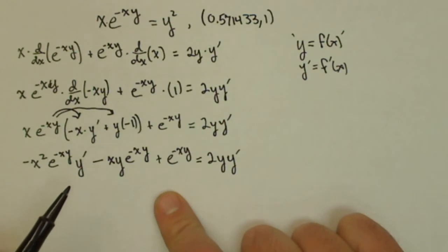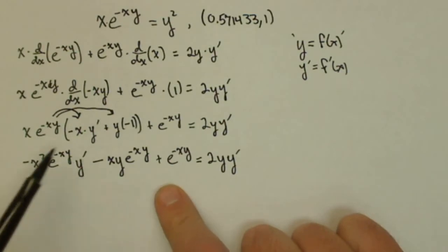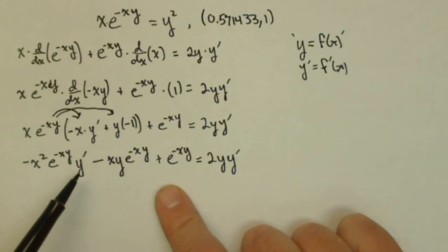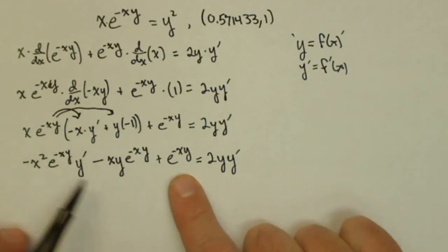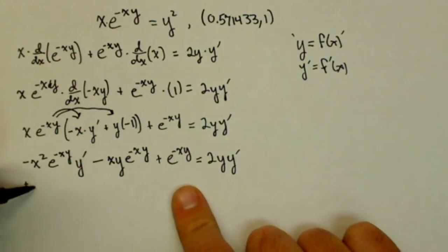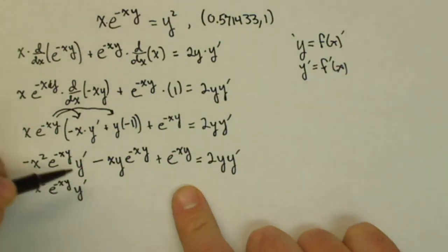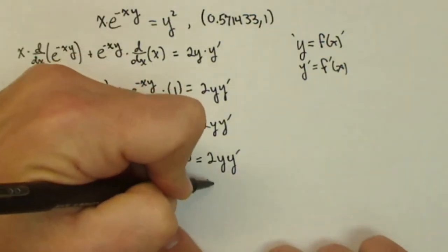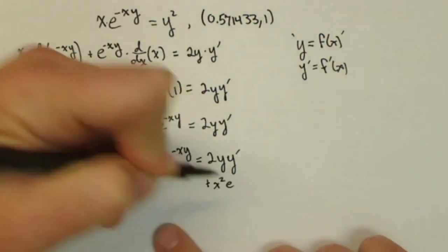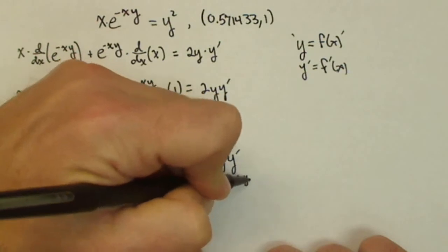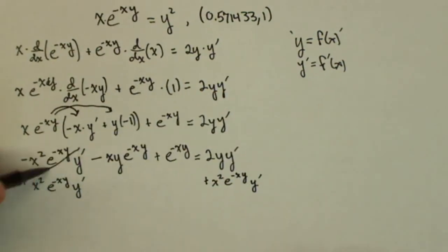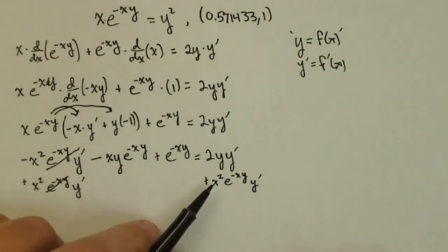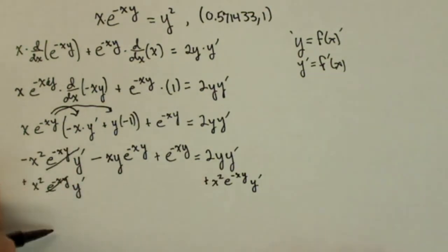Now, let's go ahead and solve this for y prime. Or excuse me, before we do that, we need to get this term over to the other side. So we're going to add x squared e to the minus xy, y prime to both sides. That'll cancel it out over here, and that gives us both terms with the y prime in it.